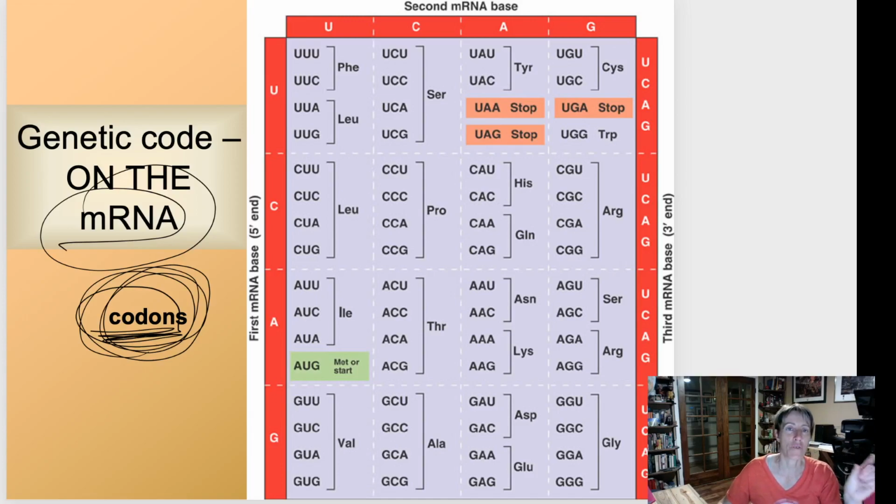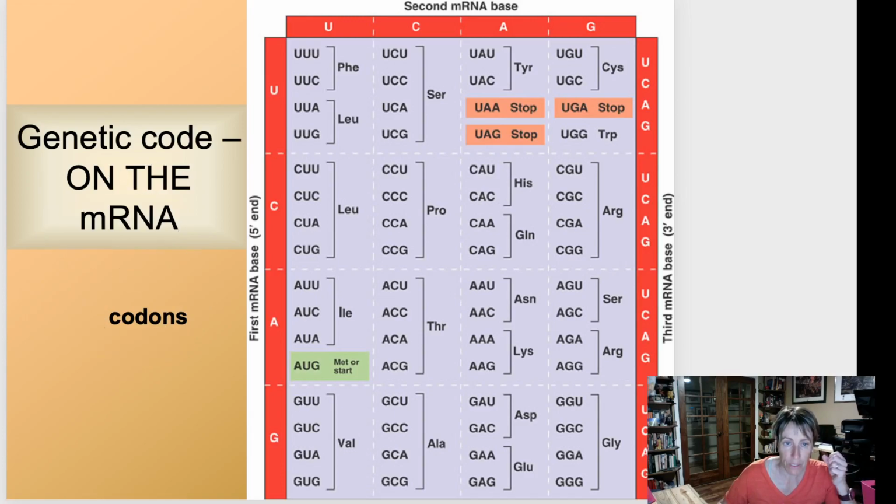We started off reading it with the first AUG, which we called the start codon. And then we put groups of three at a time through the ribosome. Those groups of three nucleotides are called codons, and they're always found on the mRNA. All right, so that's the first thing to understand.